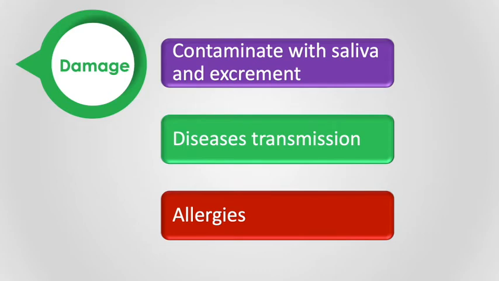Cockroaches consume human foodstuff and contaminate it with their saliva and excrement. They are responsible for transmitting diseases such as bacteria which cause food poisoning, and are a significant source of allergies indoors, and if they are outdoors, they may cause house dust.